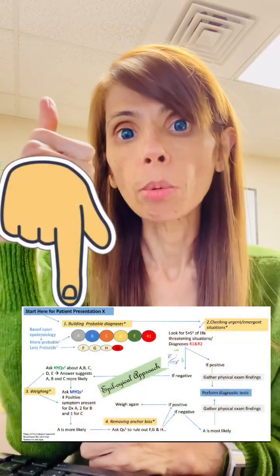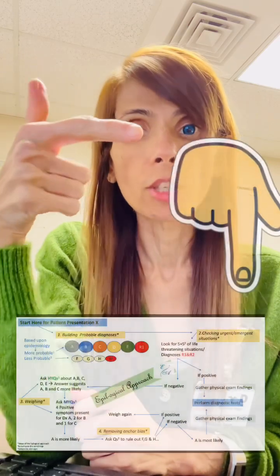Again, to summarize, the first step is to build a probable diagnosis list, which is all the differential diagnoses to be on the forefront of your thought process, and preferably list them in the order of more common to less common. The second step is to recognize urgent and emergent situations. If they are there, make sure you recognize and manage the patient accordingly, and don't let the patient crash.